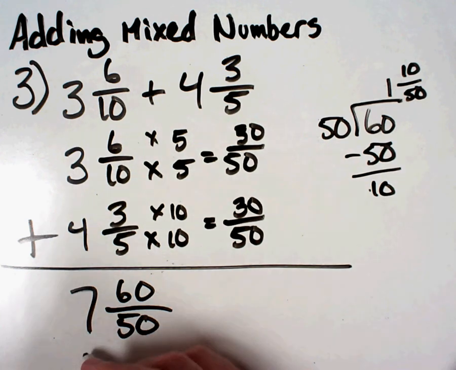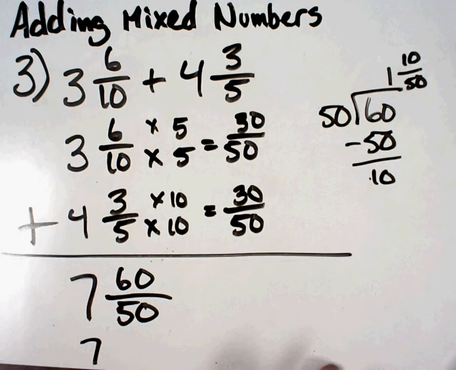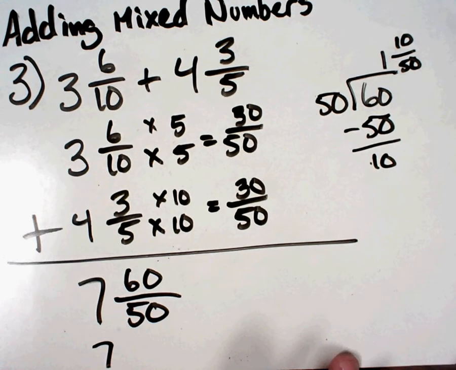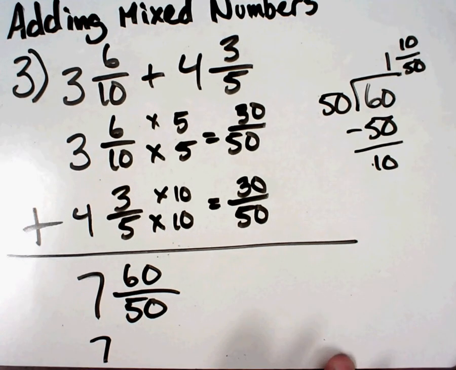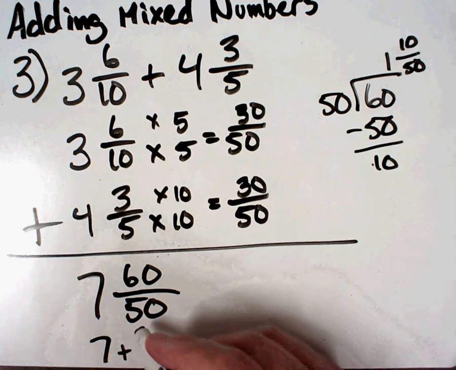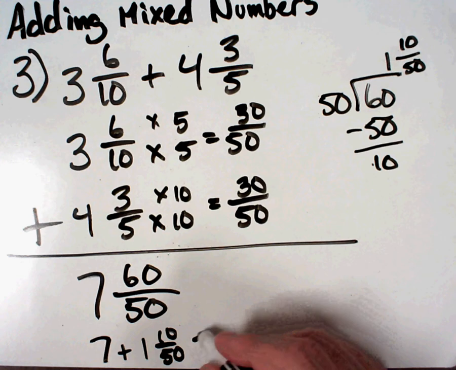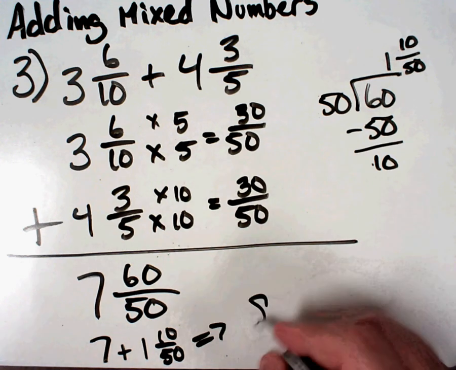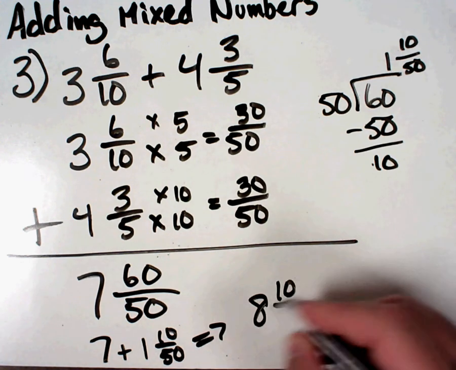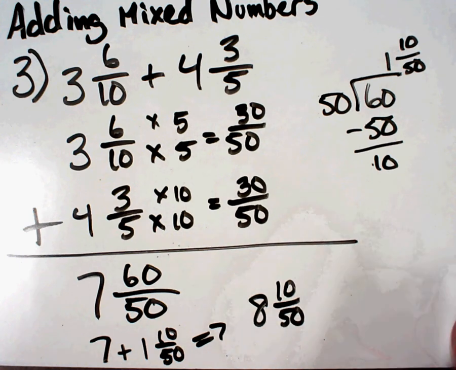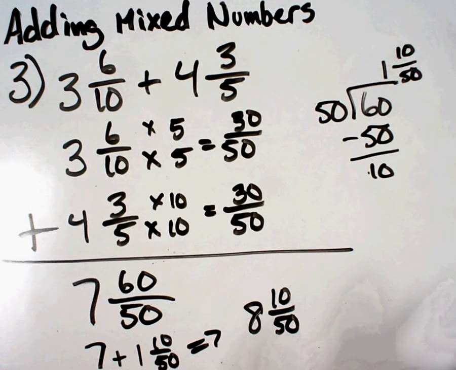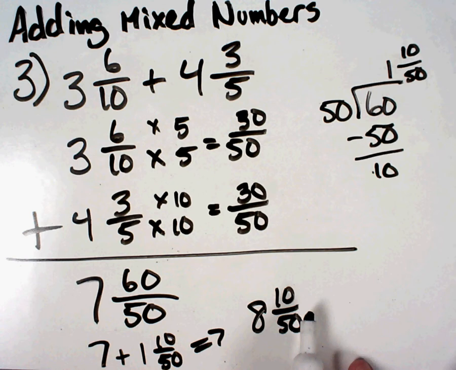So now I've got 7 plus 1 10/50, which is going to give me 8 10/50. But 10/50 is not in its simplest form, so I need to simplify.